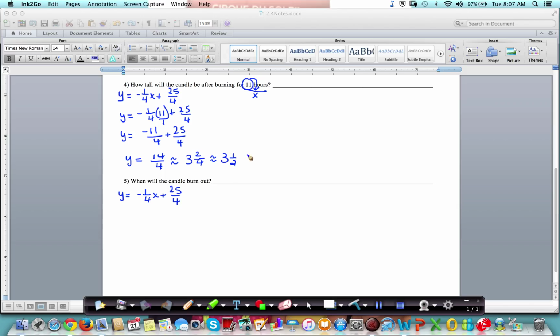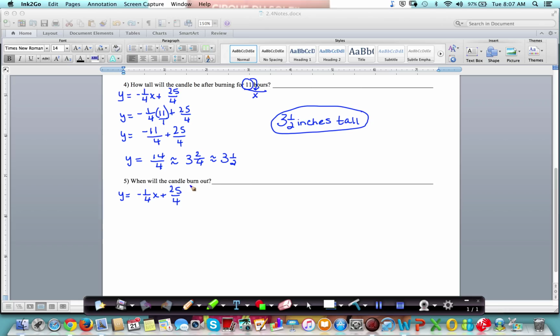So how tall will the candle be after burning 11 hours? It will be 3 1/2 inches tall after 11 hours.